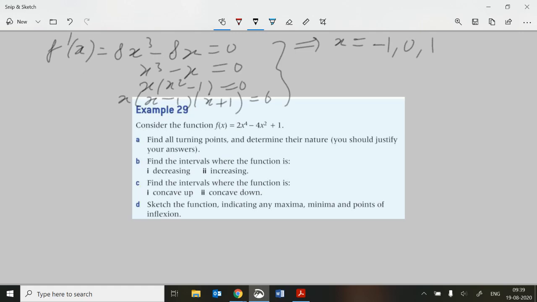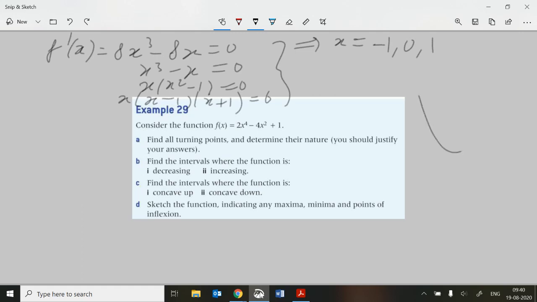Okay, now the question also says, and determine their nature. So we need to figure out whether these are maximum or minimum turning points. Fact is, though, we already know that this is a quartic, and it's a positive quartic because the leading coefficient is positive. So we know that it's going to look like a W, or it's going to have 3 turns as a maximum.